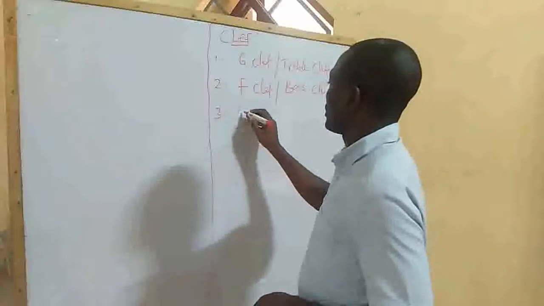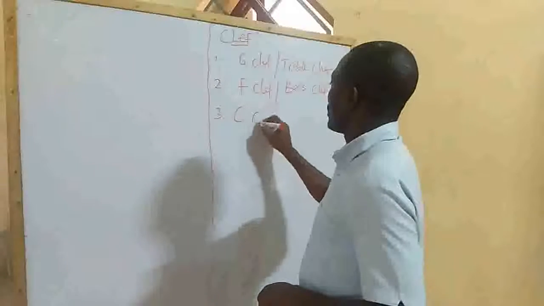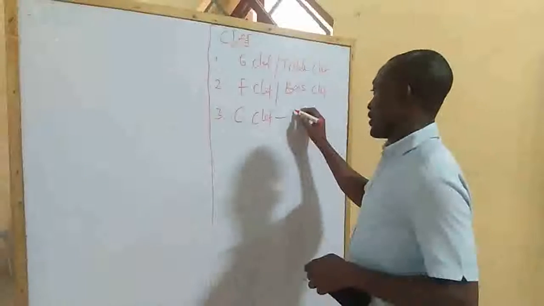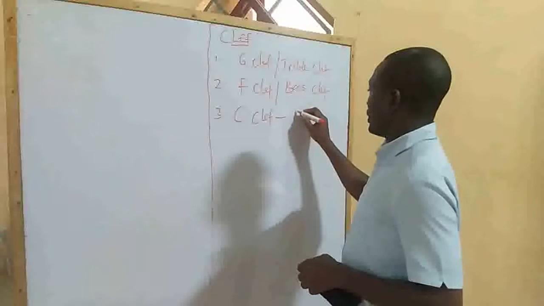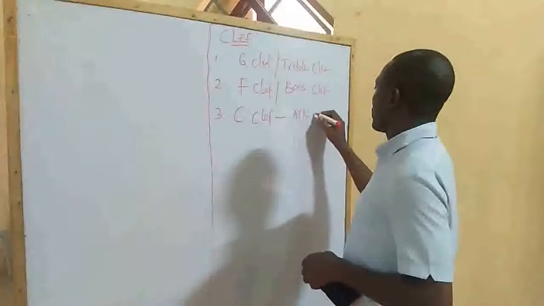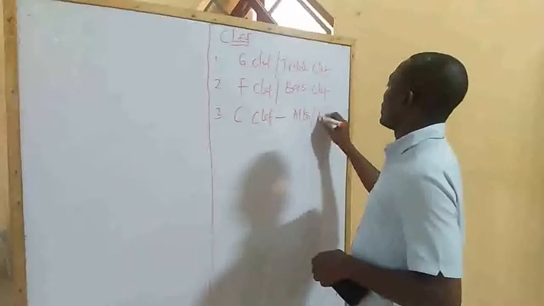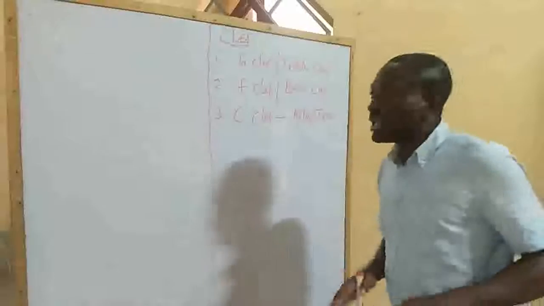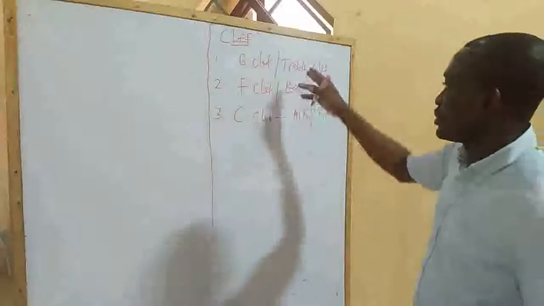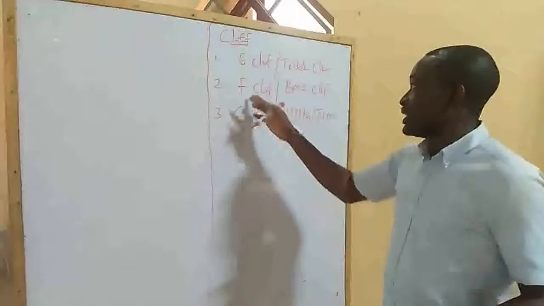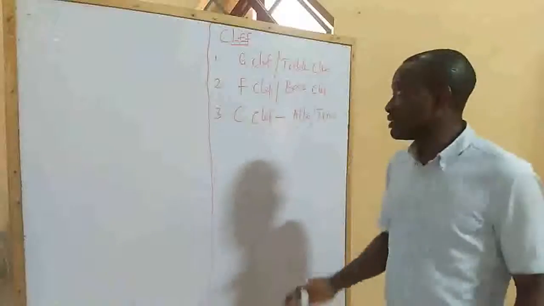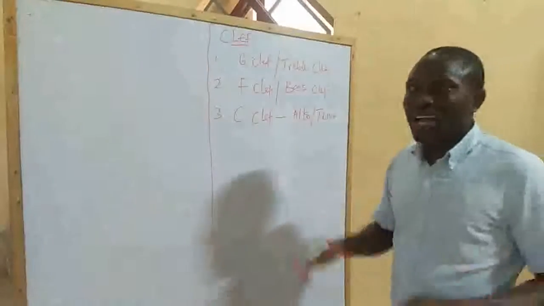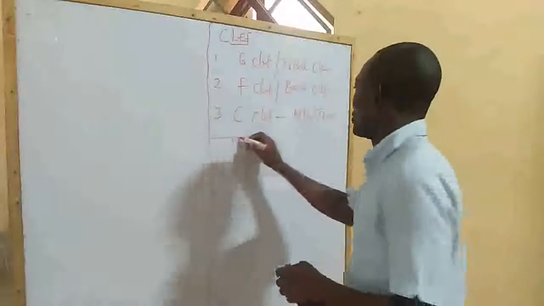Number three, the C clef, which is also known as the alto clef and tenor clef. So we have three major types of clef: the G clef, which is also called the treble clef; the F clef, which is also called the bass clef; then the C clef, which is also called alto and tenor clef.